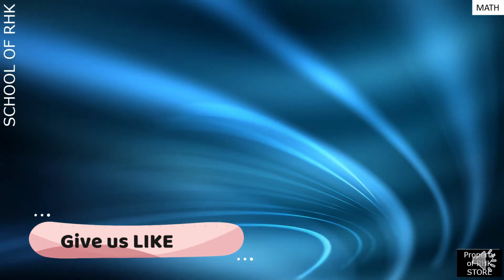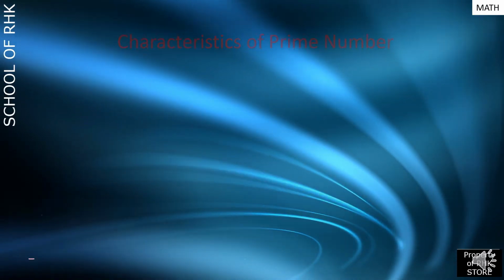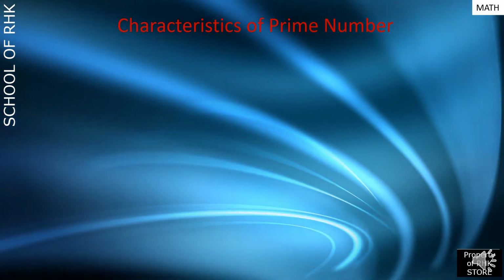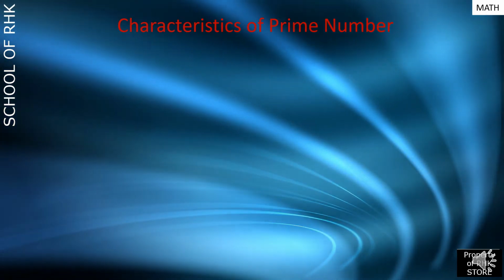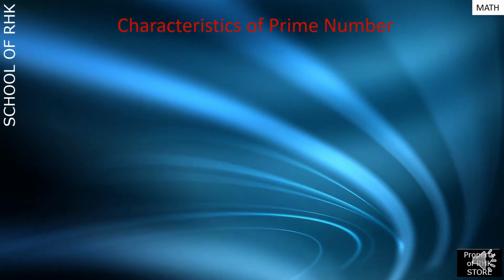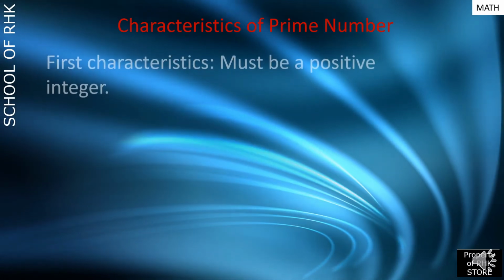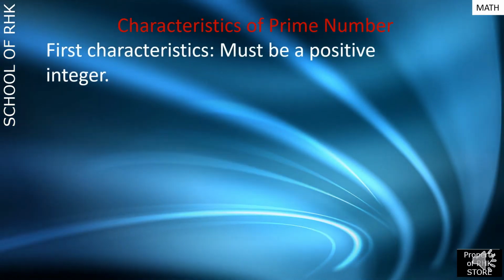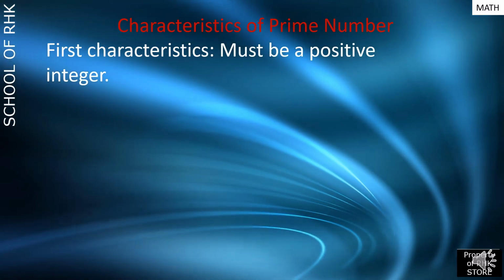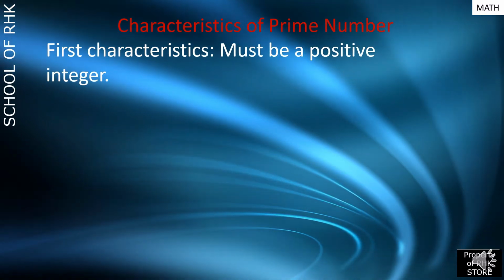The characteristics of prime numbers. The characteristics of prime numbers from the above examples can be portrayed as follows. The first characteristic of prime number is that the number must be a positive integer.